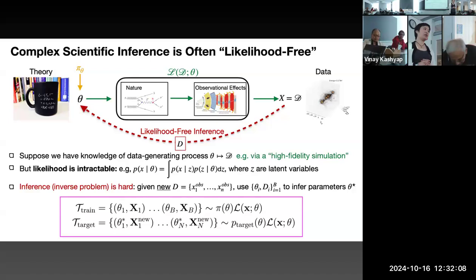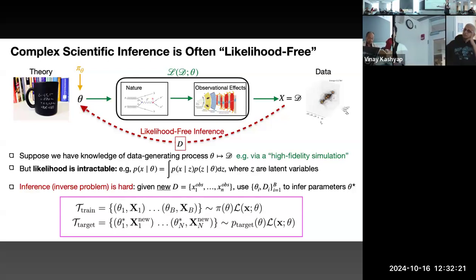Let's just not talk about observational studies because that's a step away. Let's just say that for any theta, I can simulate X perfectly. Let's just do it easy. Likelihood-free means I cannot evaluate the likelihood.